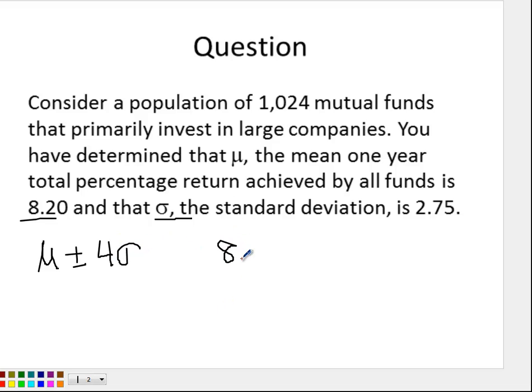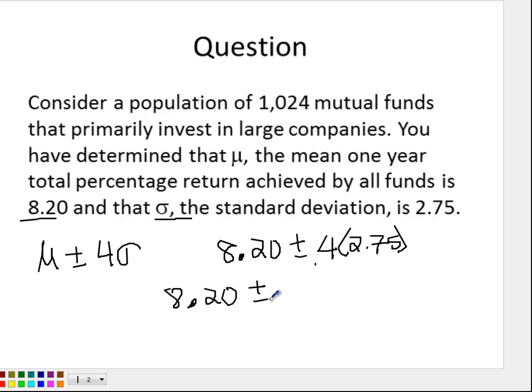So I'm going to plug in the mean, and I'm going to plug in the standard deviation. When I multiply 4 times 2.75, I end up with 11. So what you have to do is subtract 11 from 8.2, and add 11 to 8.2.